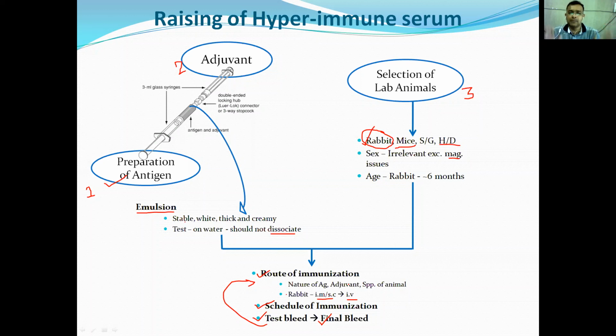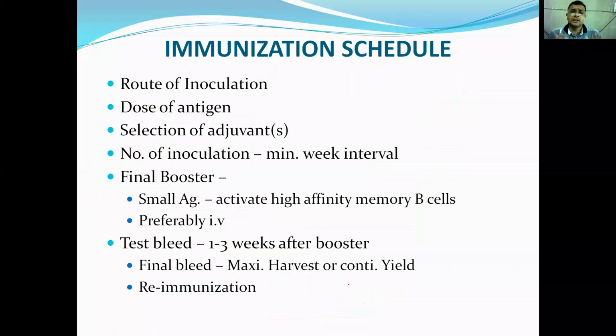So this is in brief the outline of raising hyperimmune serum. Now, these are the general parameters we have to follow when selecting an immunization schedule. We already discussed this in an earlier slide, but I kept it here.